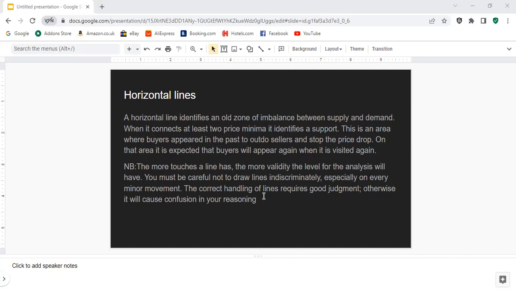You must be careful not to draw lines indiscriminately, especially on every minor movement. The correct handling of lines requires good judgment. Otherwise, it will cause confusion in your reasoning. So doing things the correct way actually helps you understand what to do next, if you get what I mean.